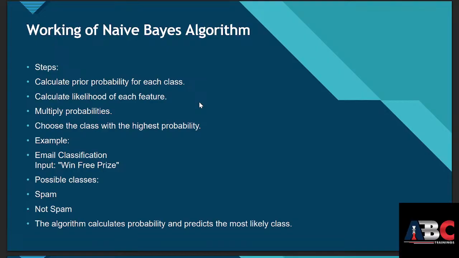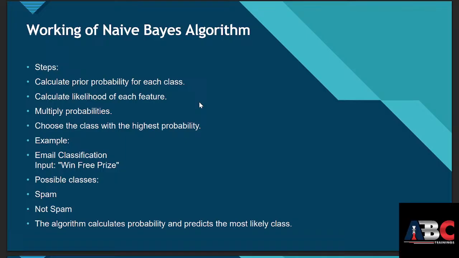For example, P(spam) × P(win|spam) × P(free|spam) × P(price|spam). This calculation gives the overall probability that the email belongs to the spam class, and the same calculation is performed for the not spam class.